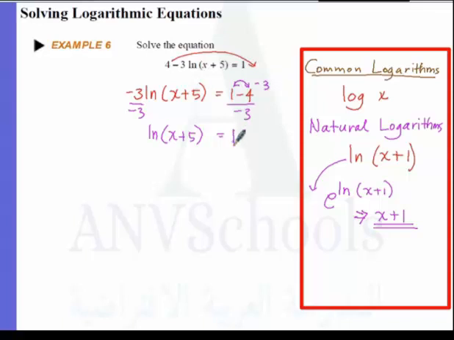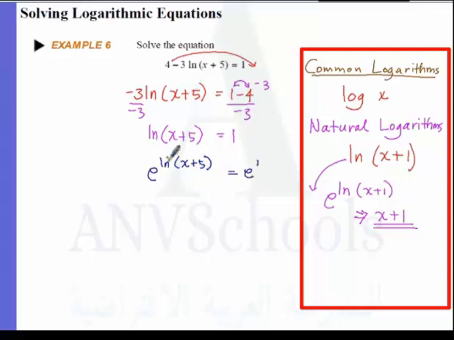Now we are ready to transform the given natural logarithm in terms of the base e. So this natural logarithm expression will be transformed using the base e property of natural logarithms, which is again a definition of the logarithms. So we will have e raised to ln of x plus 5 is equal to e raised to 1.